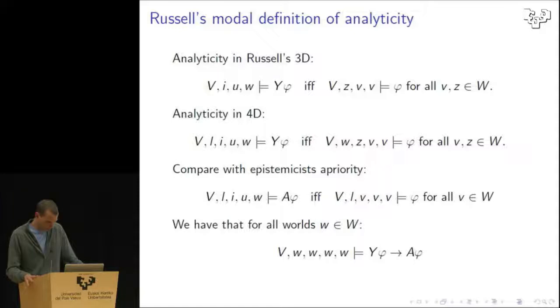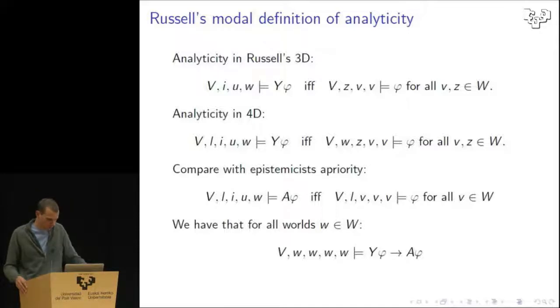And then we have the notion of analyticity. Russell's definition is still in a three-dimensional system where we just have a context of utterance and a context of introduction, but we don't have the fourth dimension, the linguistic context.